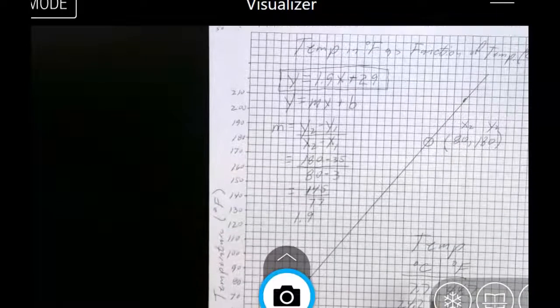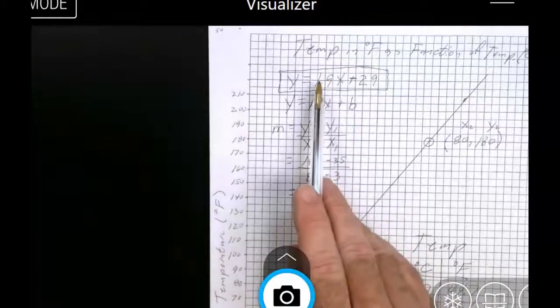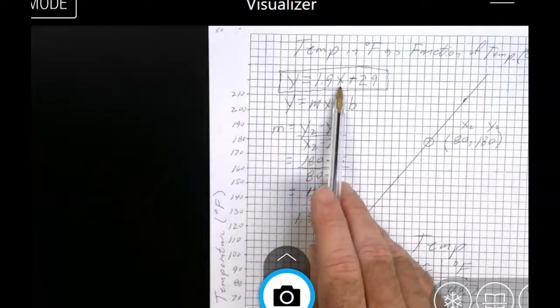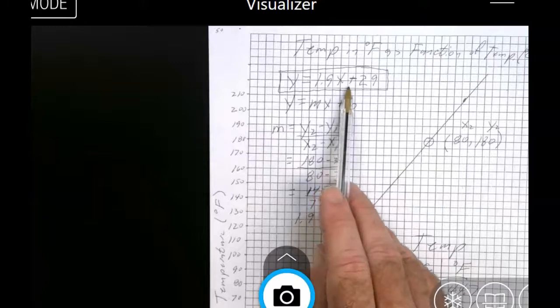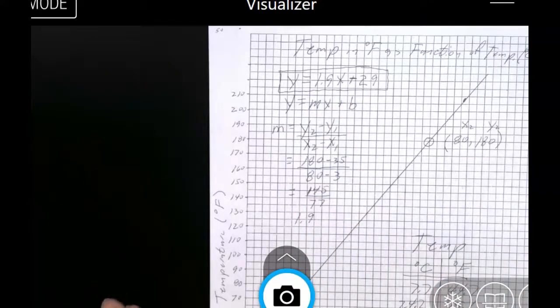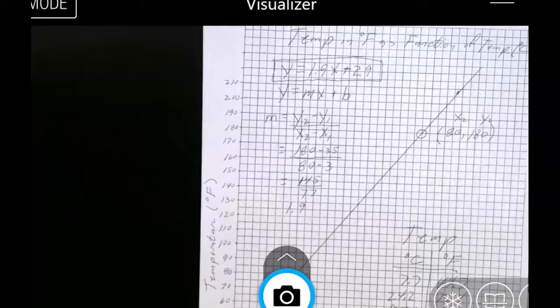Now, just to see how good I am, if you know the formula for degrees Fahrenheit as a function of degrees Celsius, the formula is 1.8 times degrees Celsius plus 32. So I'm off a little bit, which is the result of probably my data is not perfect and probably my graphic is not perfect. But this is how you do a graph by hand.